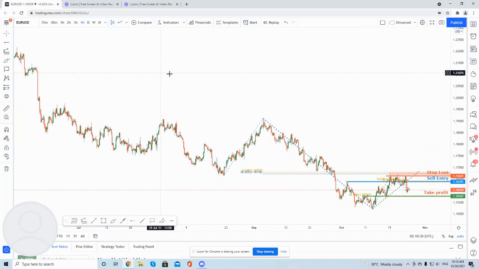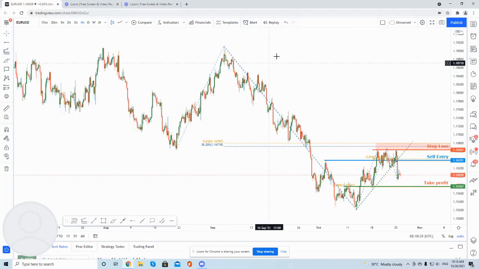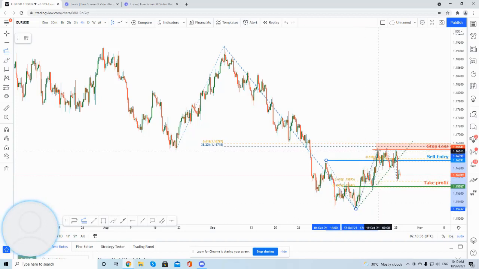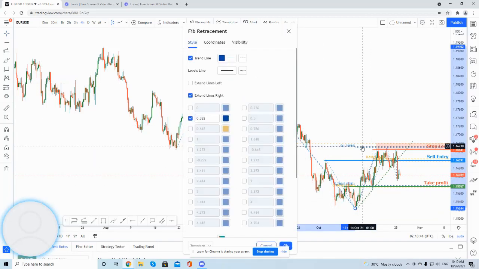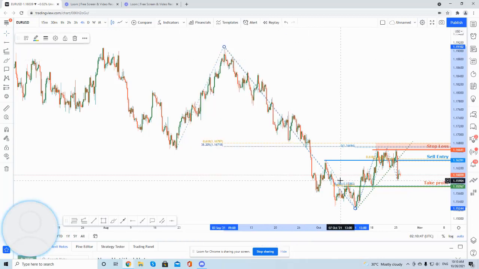Not a good one. Okay. How about this, right? So what I'm trying to find is if there is any overlap between projection and retracement, right? To find a very valid level, and you can see that this is a 78.6 projection too, right? So you can say that your sell entry price, your take profit price and your stop loss price are all supported by a projection and retracement, right? So it shows that it's quite a very strong level, right?